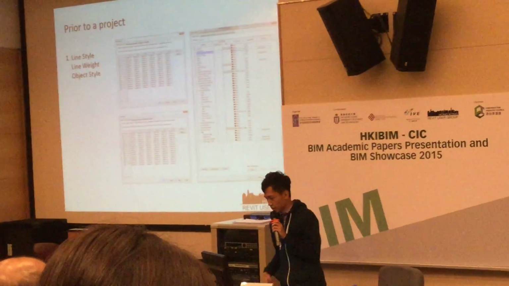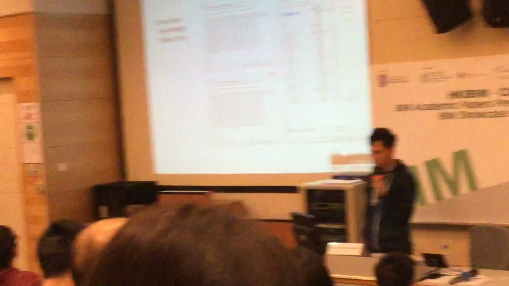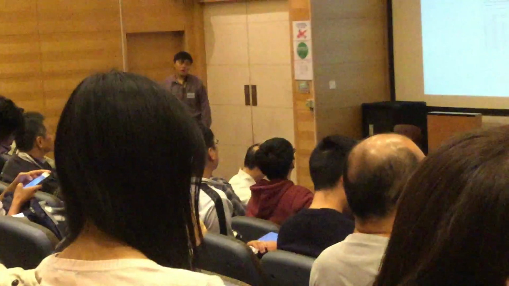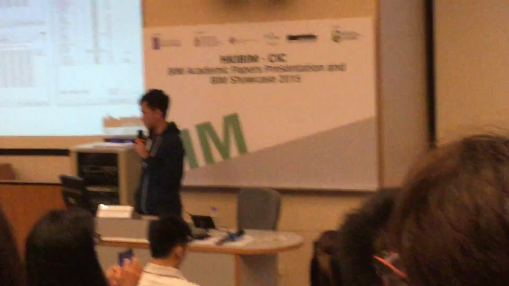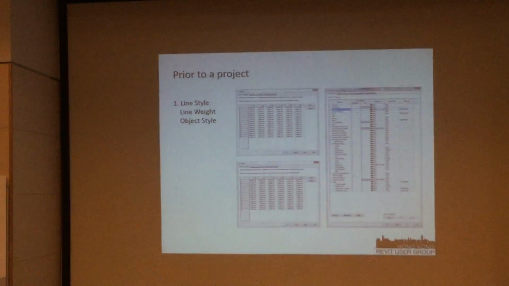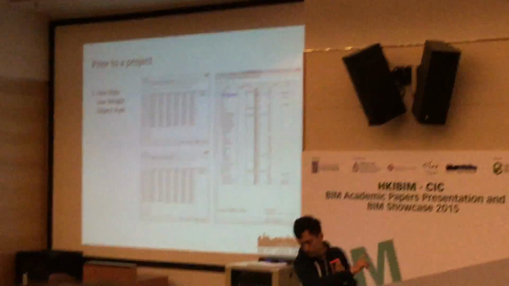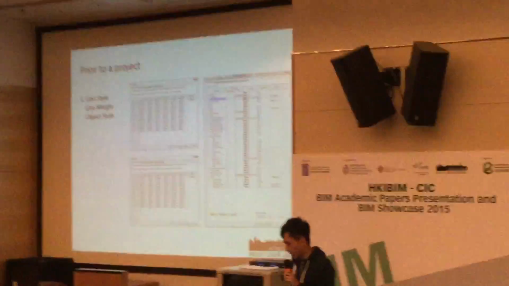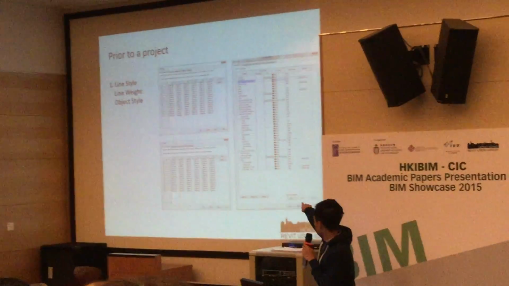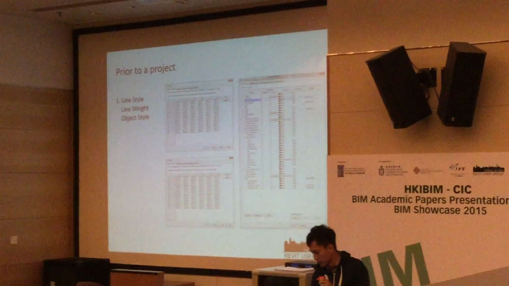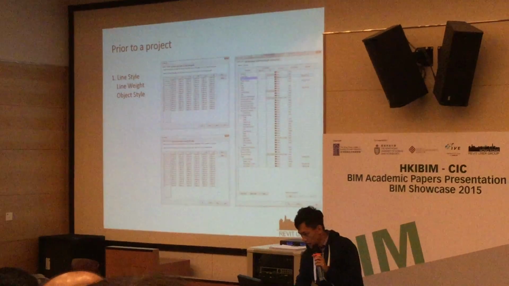So basically, if you are standardizing your design workflow, in terms of Revit, you have your lines. Because you need to produce drawings anyway, that would be your line style, line weight, and object style in terms of the Revit environment. And you've got these screen captures, which is basically what it says.